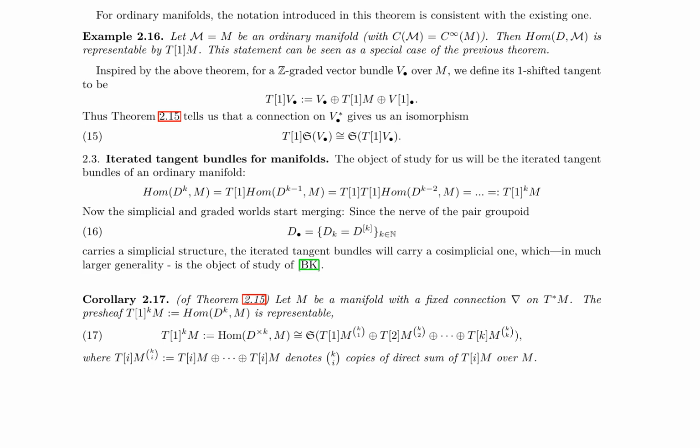This analysis highlights the significance of geometric modules, connections on vector bundles, and iterated tangent bundles in differential geometry and algebraic geometry, providing a deeper understanding of these fundamental concepts.